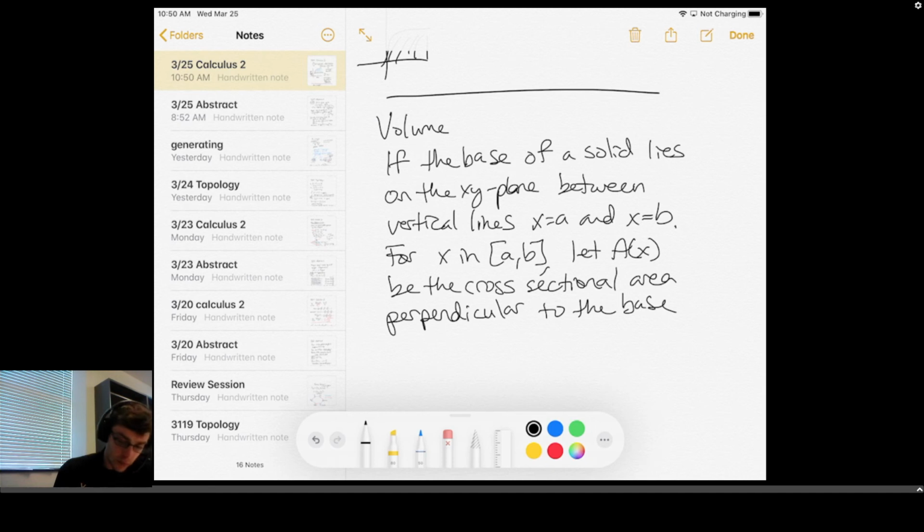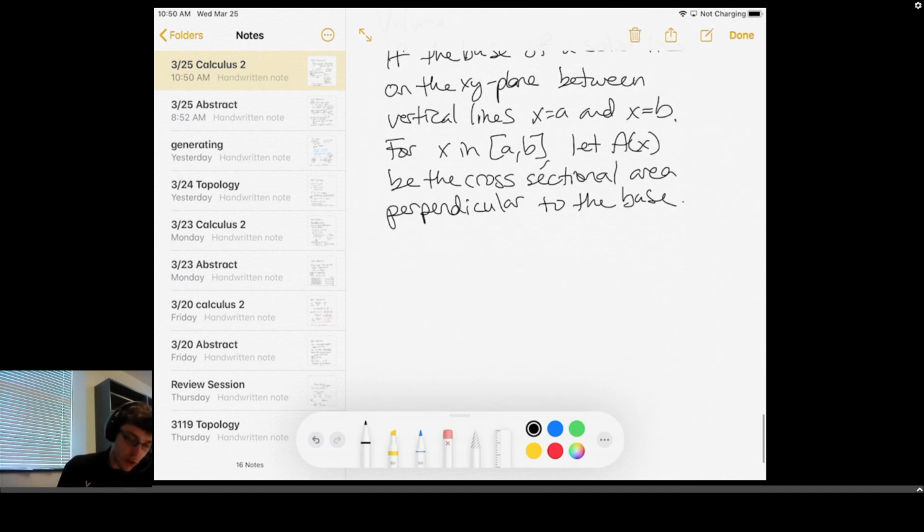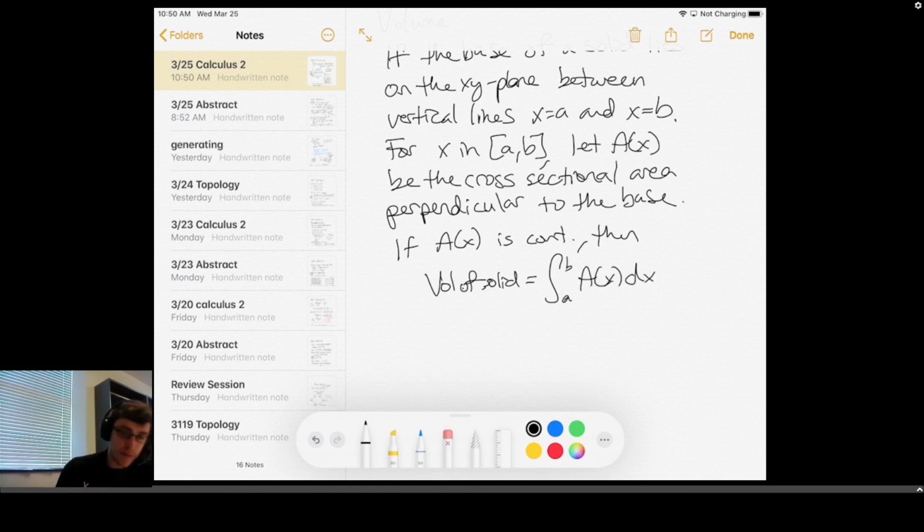Then if your integral makes sense, so we'll just say A is continuous, which for us it's going to be, if A is continuous, then the volume of the solid is the integral from a to b of A of x dx.